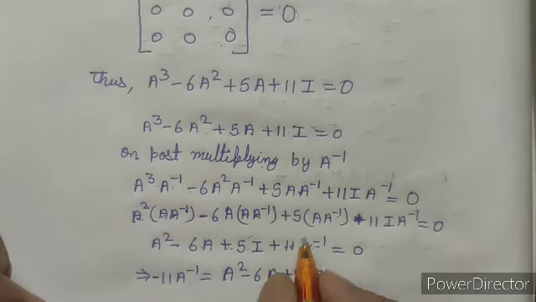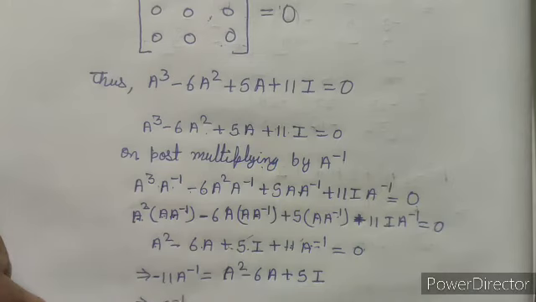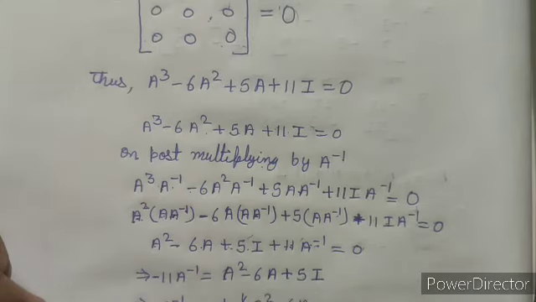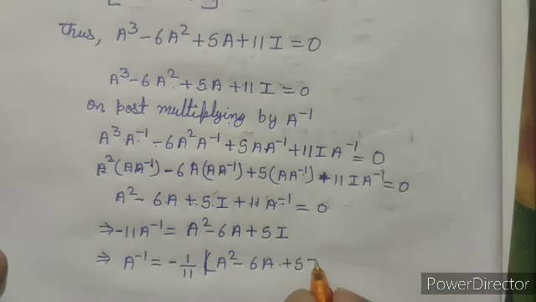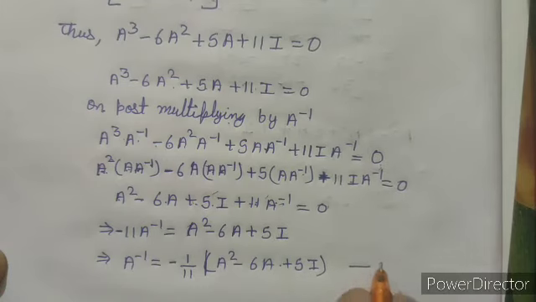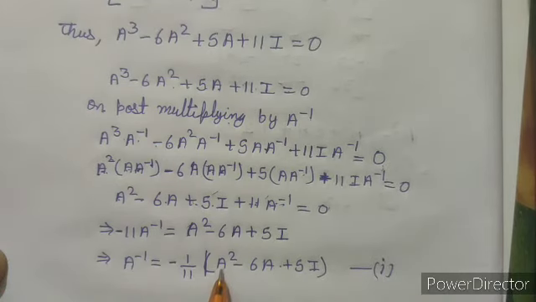On taking this 11A inverse to the right hand side, this will give us A inverse equal to minus 1 upon 11 into A square minus 6A plus 5I.